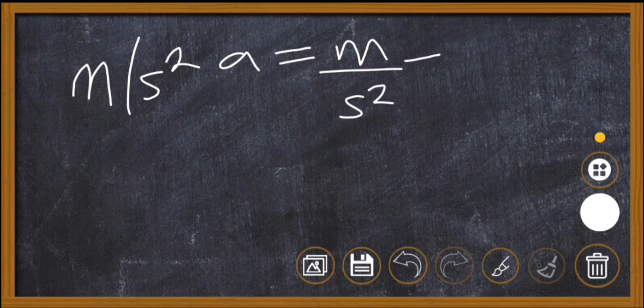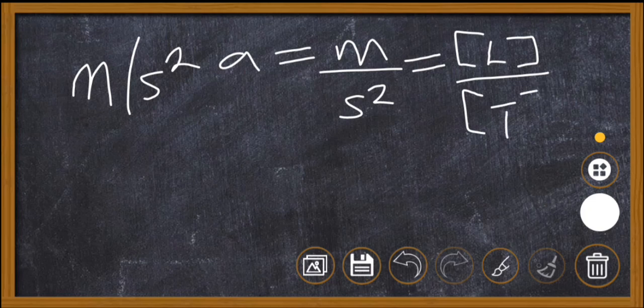Where there is meter, we write the dimension L, over where there is second, representing time, we write capital letter T, and then we square this. So this is the dimensional analysis for acceleration. It is very important to understand how we replace. Basically this mostly uses the units.